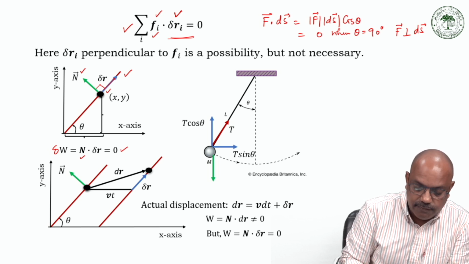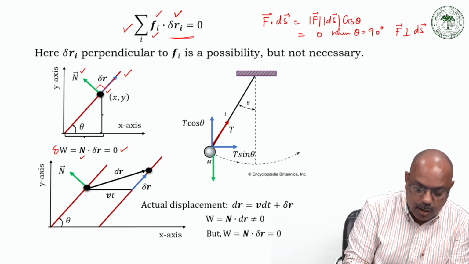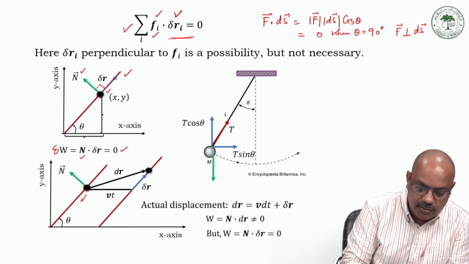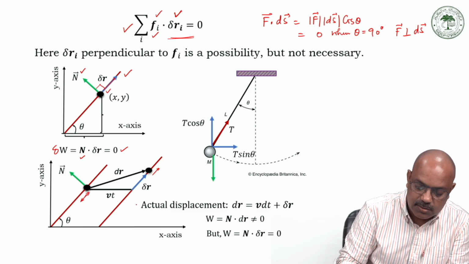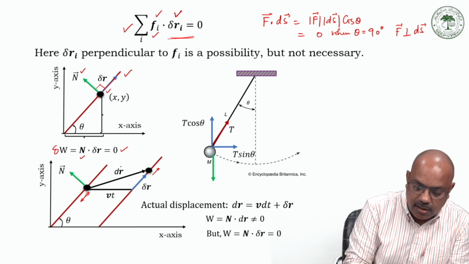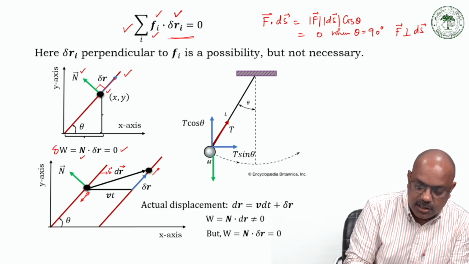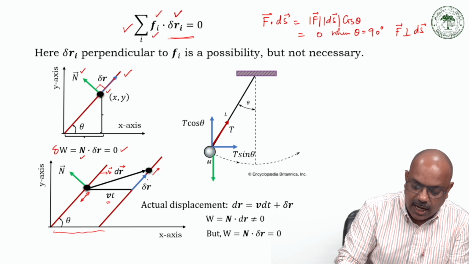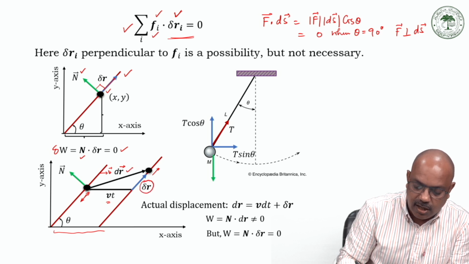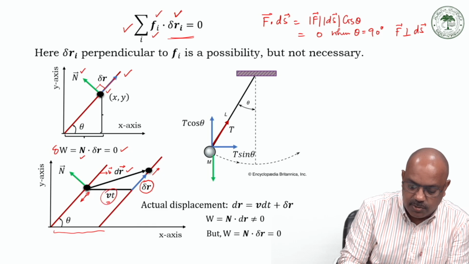Similarly, in this case, when the bead is going up, it is going from here to here. So the displacement, you see dr is here, and with this velocity it is moving along this, so from here to this distance is vt, and this is my virtual displacement. So actually my dr is this vt plus this vector.